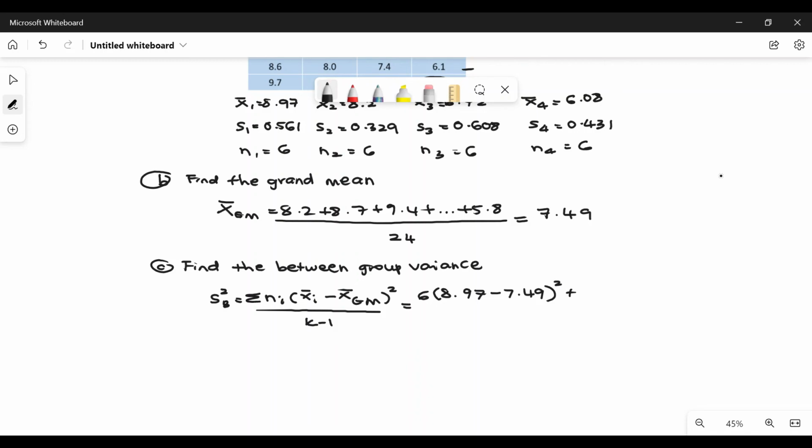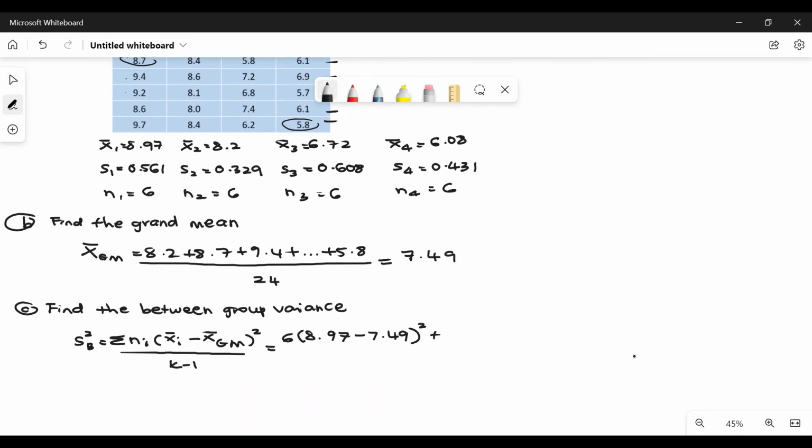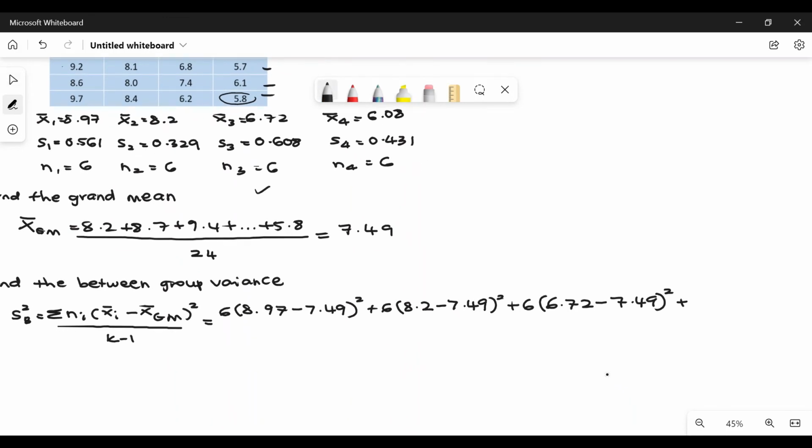And then we go to the second sample. Plus the number of samples from the second sample, 8.2, minus the grand mean squared, and then plus from the third sample, the number of samples, and then the mean from the third sample, which is 6.72, minus the grand mean, and then squared, and the last one for the fourth sample is 6 times 6.08 minus 7.49 squared.